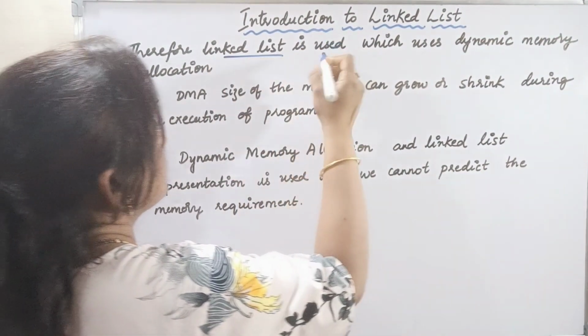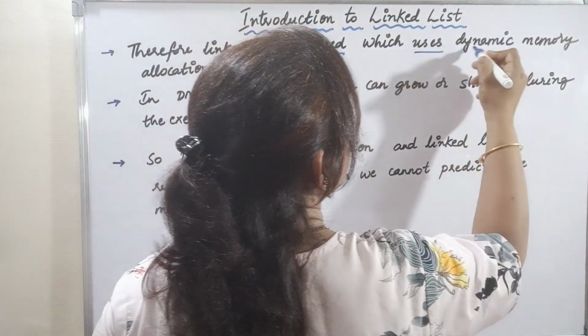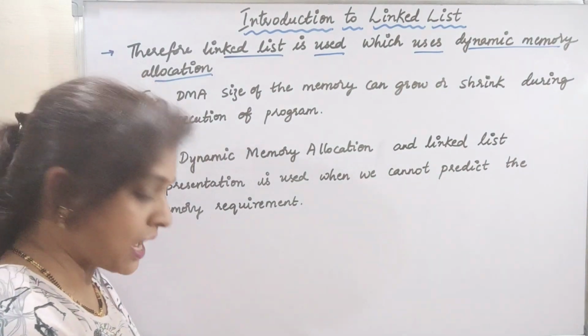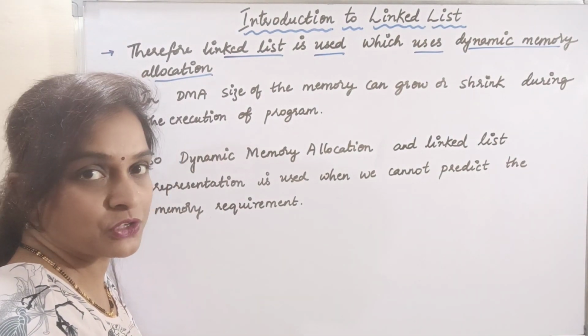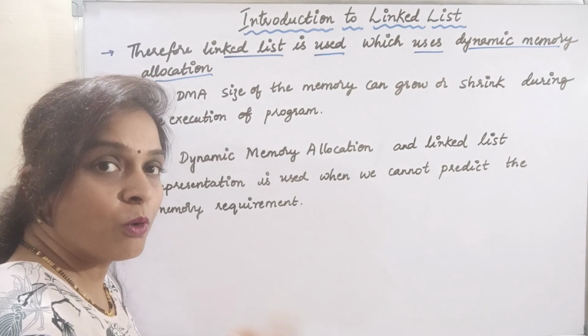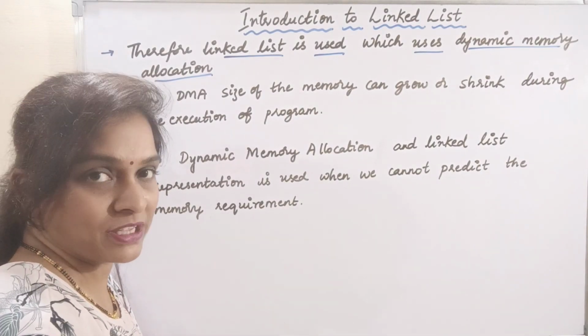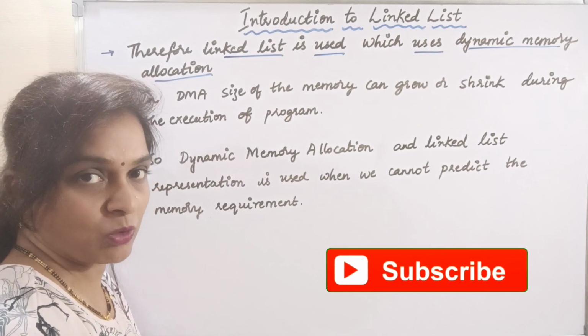So a linked list is used, which uses dynamic memory allocation. Both the stack data structure and the queue data structure can be represented in two ways: static way and dynamic way.